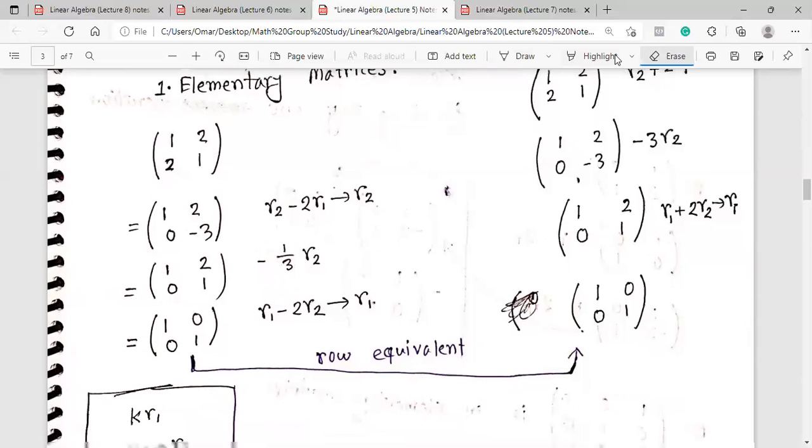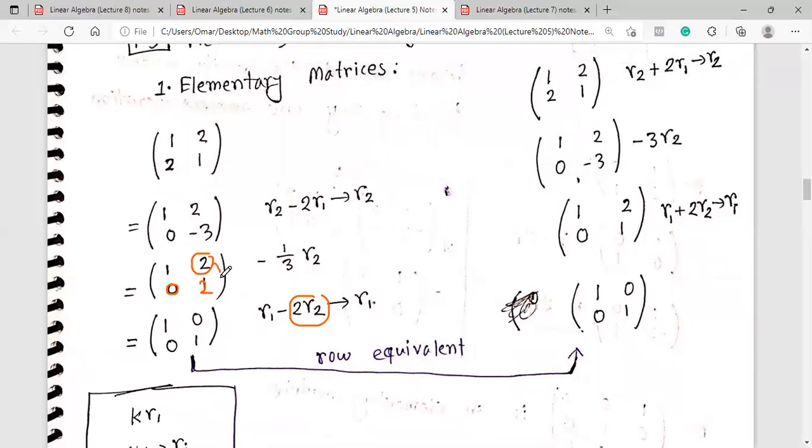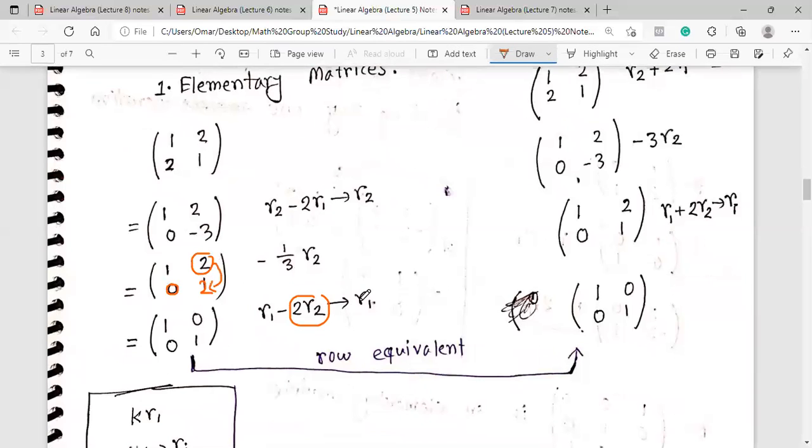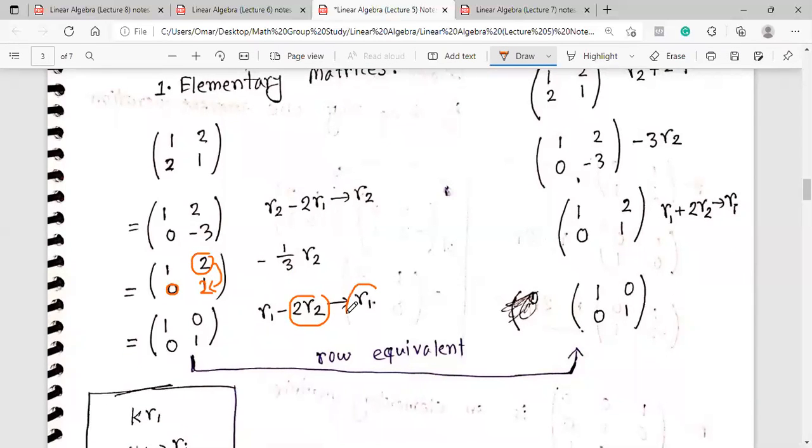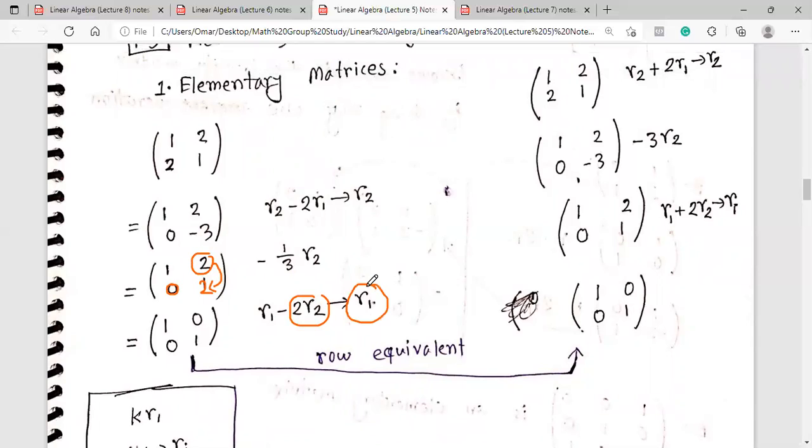Yeah. Okay. So now let's see how we can make 0 here. So if I multiply 2 with the second row, 2 multiply 0 is 0, and 2 multiply 1 is 2, right? And then we subtract the second row from the first row. Okay, that means we have to put the result on the first row, because we want this 2 as 0, right?